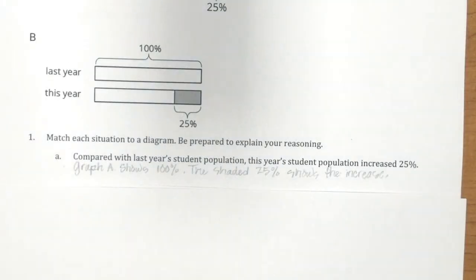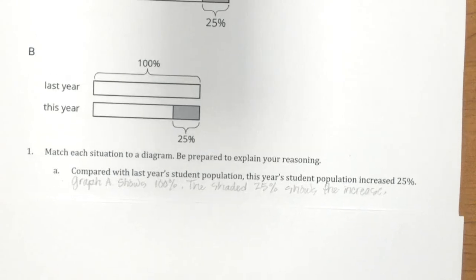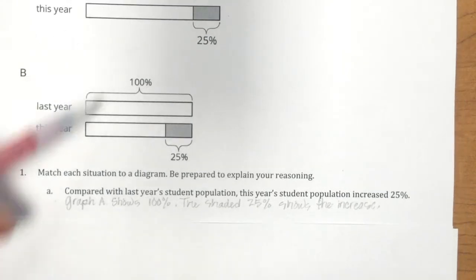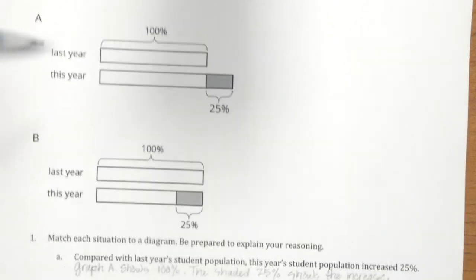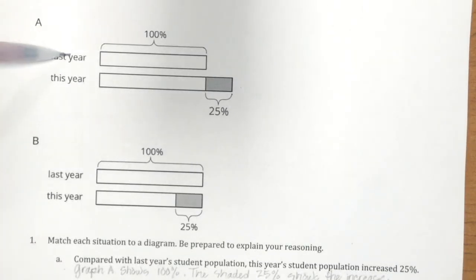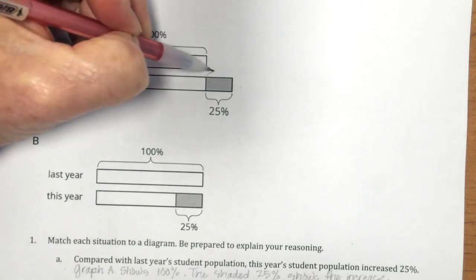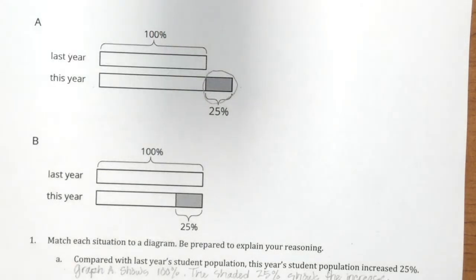So I can see that in A, if I read compared with last year's student population, this year's student population increased 25%. So again, if I look at my 2 graphs, you're going to note that if this is graph A, here's last year, here's this year, and I see this increase right here of 25%.